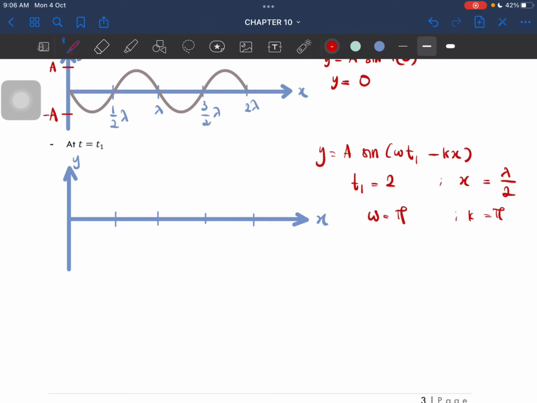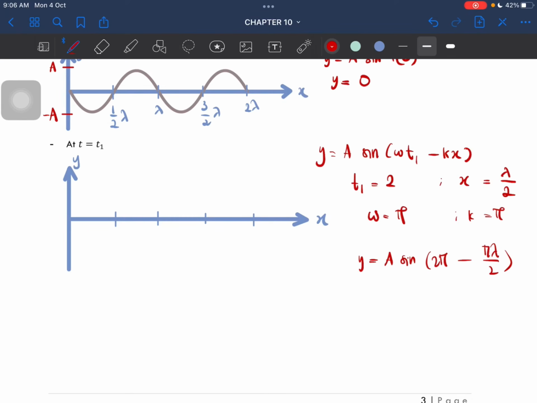So we can then let y equal a sine of pi times 2 minus pi times lambda over 2. Okay, so go into the calculator, sine of 2 pi minus pi over 2. Like that. So it says negative 1.